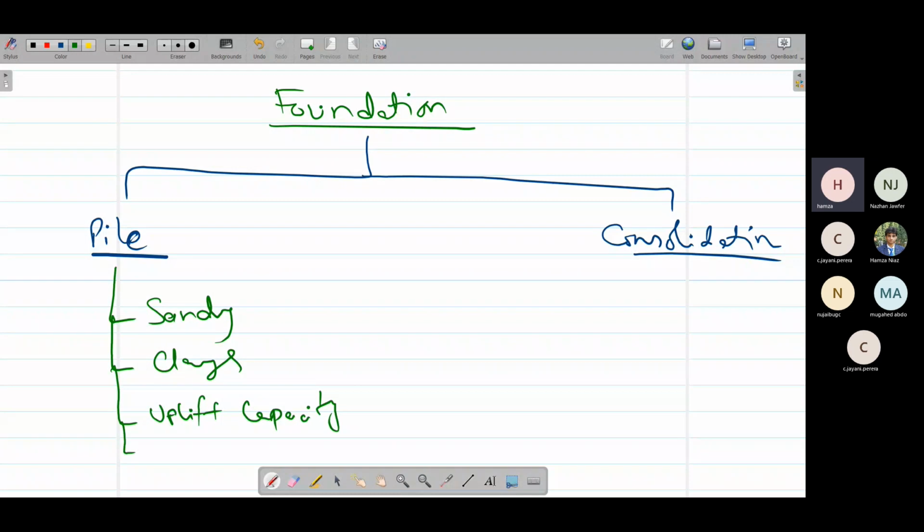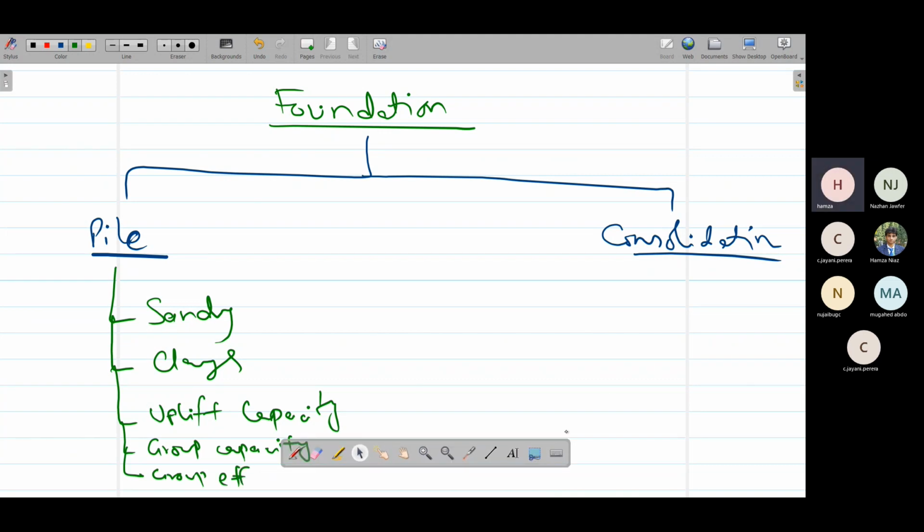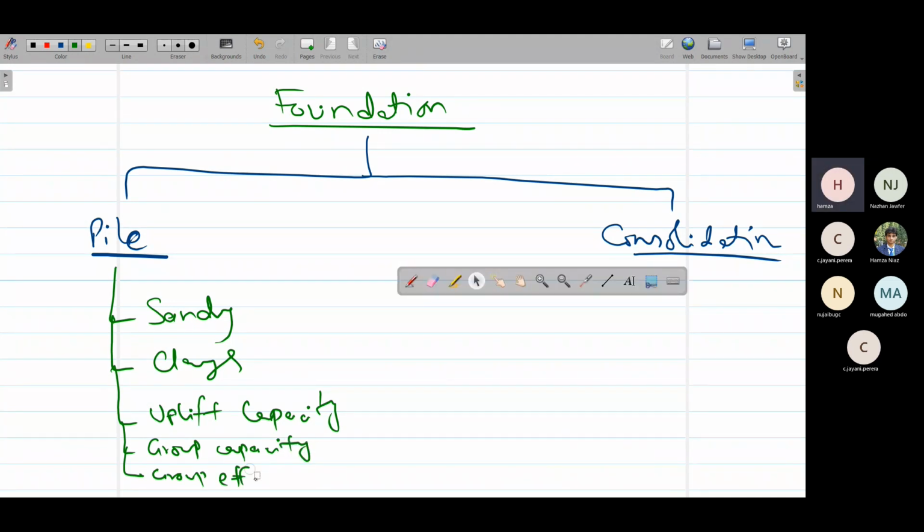The fourth one is the group capacity of piles. What is the group capacity of different piles? And the fifth is the group efficiency of piles. And the last one is the pile load test. So these six things are included in this pile topic.